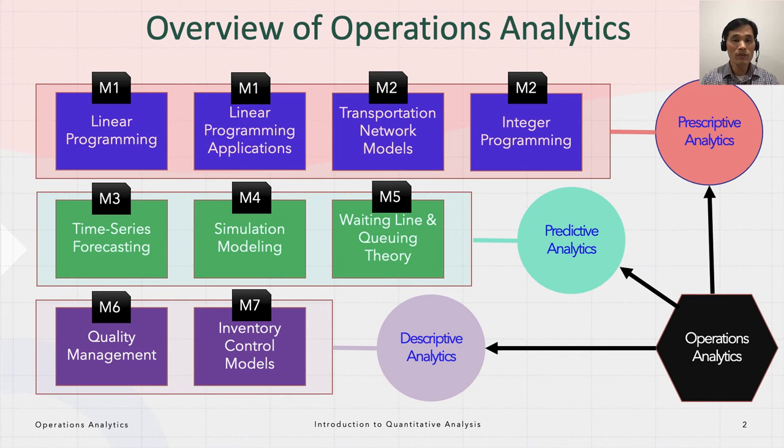So far, we have learned linear programming and its various applications, which pertain to prescriptive analytics. Then we learned time series forecasting, simulation modeling, and waiting line and queuing theory, which is related to predictive analytics. Today, we are concluding the operations analytics lectures by looking at descriptive analytics.